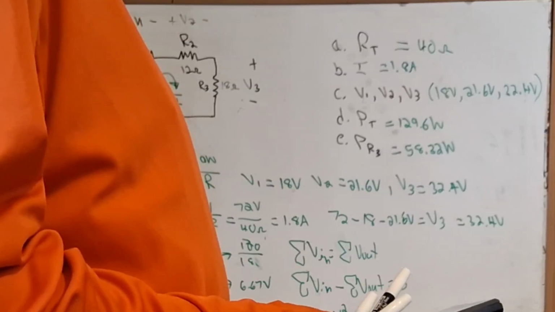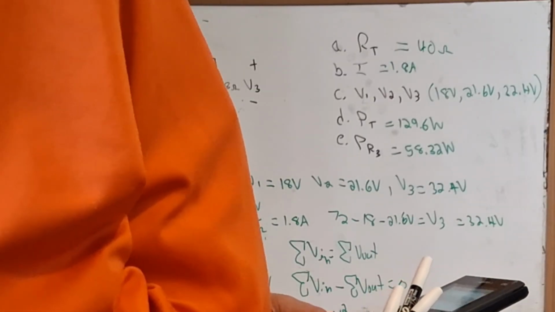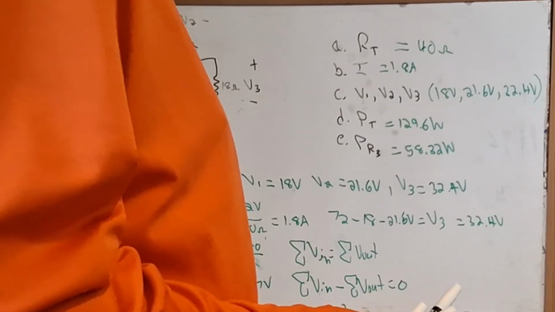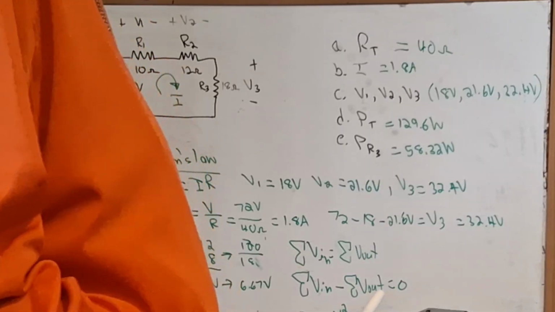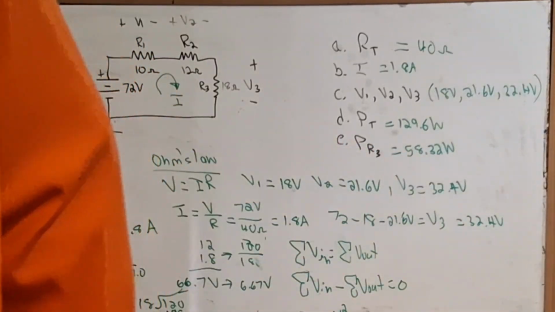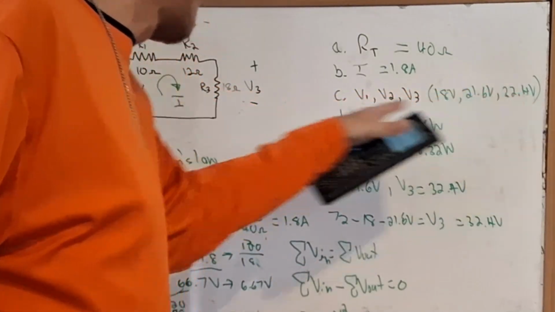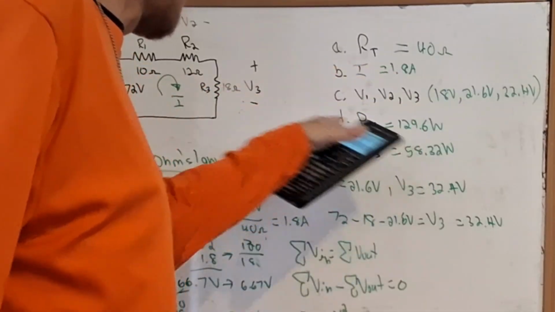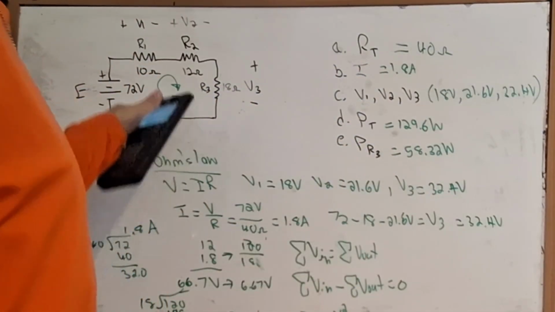I square 32.4 volts, which is 1049.76 volts squared, and divide that by 18 ohms, get 58.32, same value. So there's two different ways. You could do the 32 volts squared divided by 18 to get this value, or you could take the 1.8 amps squared times this value to get this. Or you could take this value, no, you can't do that.